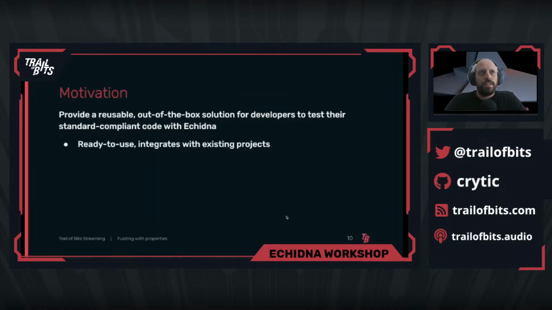We also wanted to make it ready to use, so you can integrate it with an existing project without friction. So you just add the properties repo and you can start testing the properties in your code. It was meant to be extensible, so anyone can create more properties. You can add properties at will.